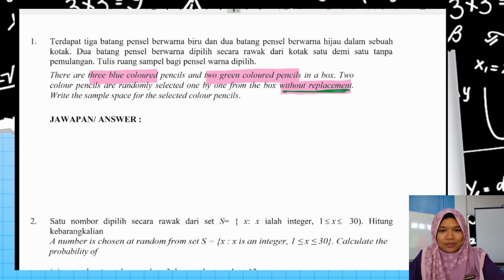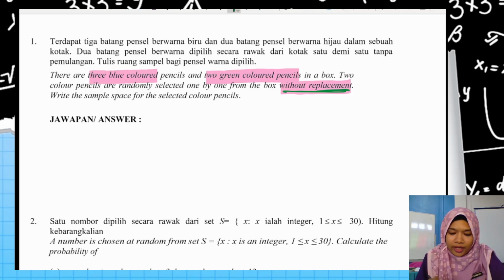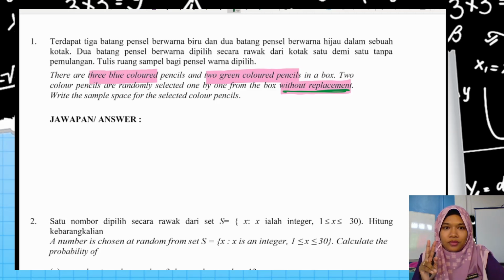Without replacement means that, is it a dependent event or an independent event? Yes, it is a dependent event. Why? Because for the first time you want to take a colored pencil, you have 3 blue colored and 2 green colored, so in total you have 5.